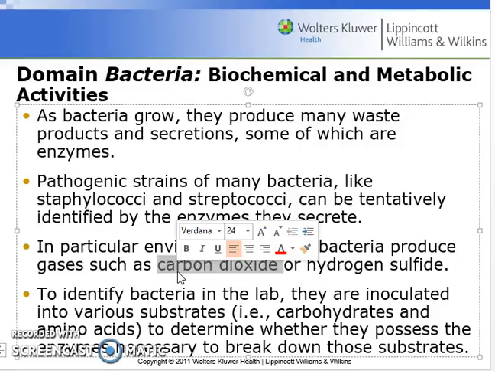The gas is released, it has nowhere to go, so it gets pushed to the bottom of the tube, and then it causes cracks to develop inside of the media. If you see that in results, you know you have carbon dioxide production.